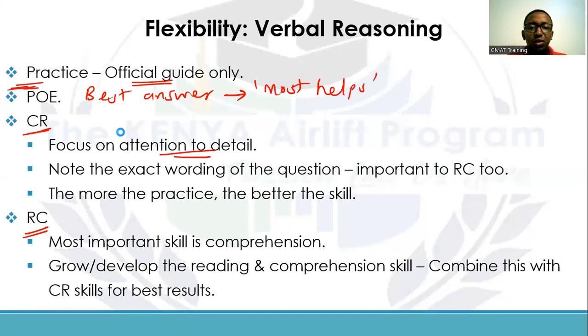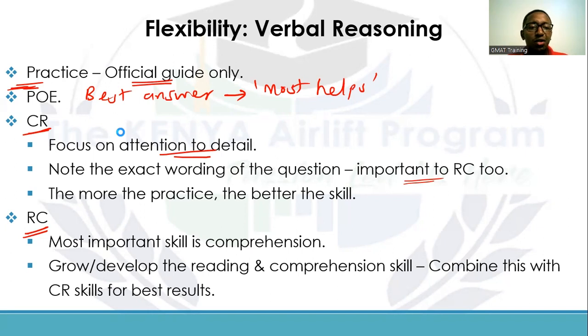Of course, this is also important in reading comprehension because it helps you with identifying out of scope questions and so on. And then the more you practice, the better you get at critical reasoning.